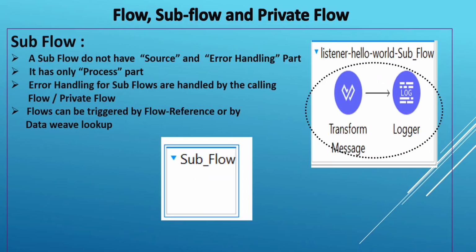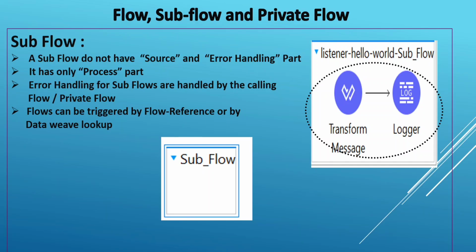Next, subflow. If you see subflow, there is only one particular part, that is the process part. Subflow will have only the process part. There is no source as well as no error handling part. There is no error handling in the subflows. So the errors which occur in the subflow cannot be handled by itself.